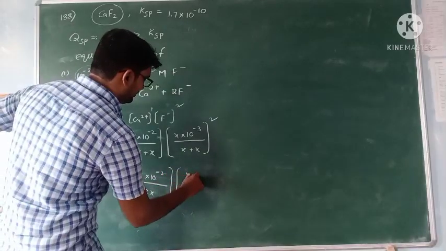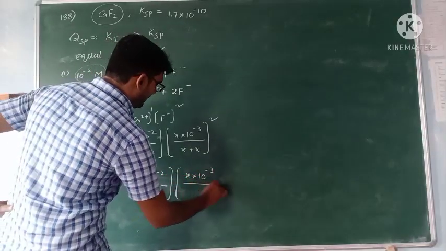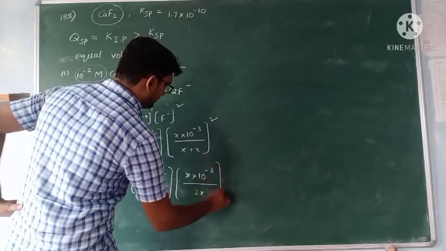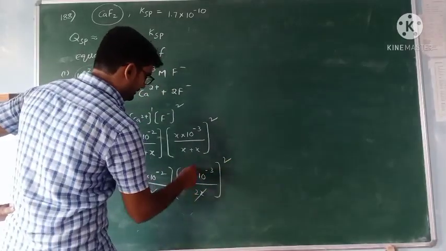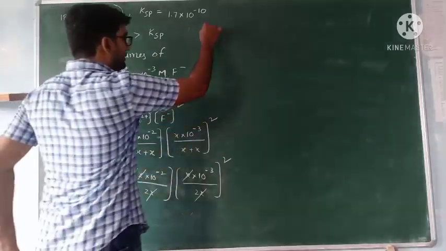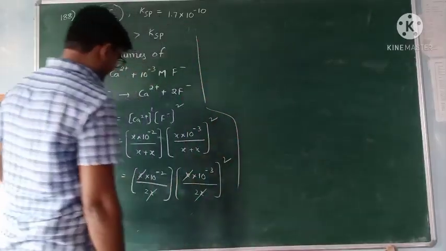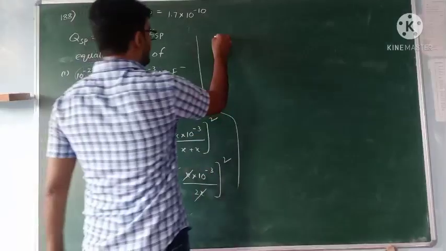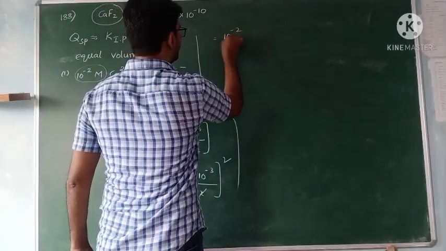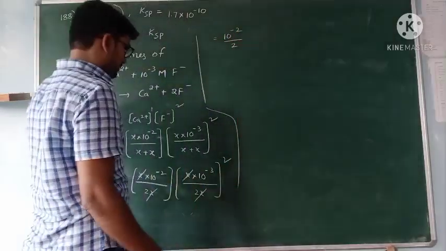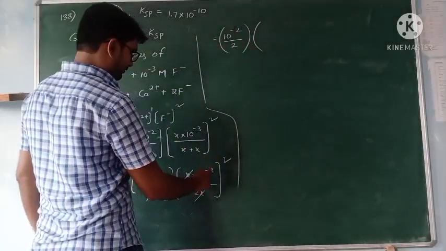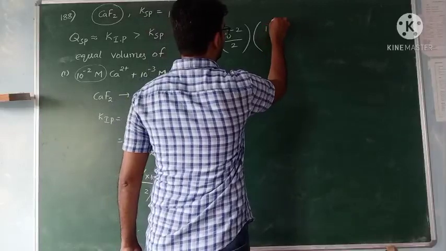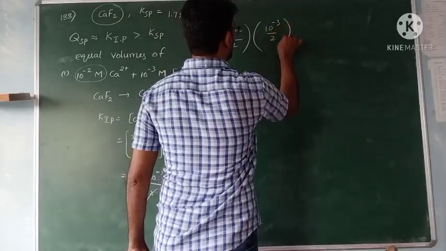Again this one, x into (10 to the power of minus 3 by 2x) whole square. x cancels. Now 10 to the power of minus 2 by 2 into this one, (10 to the power of minus 3 by 2) whole square.